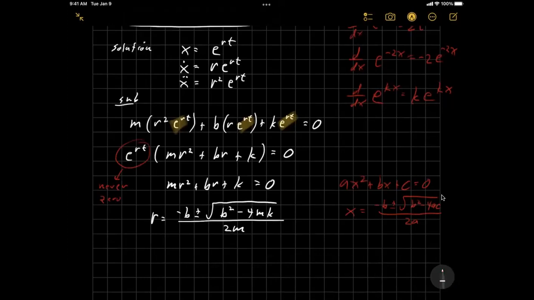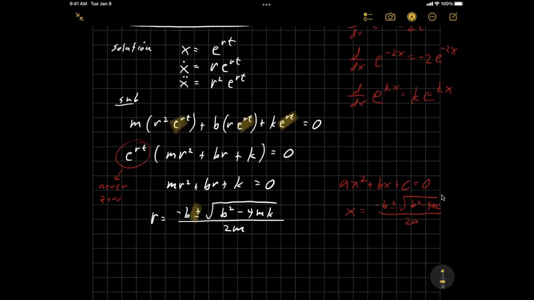All right, so now we see there are actually two different solutions because of this plus minus here. One of the solutions for r would be where you add that, and the other solution for r is where you subtract that.